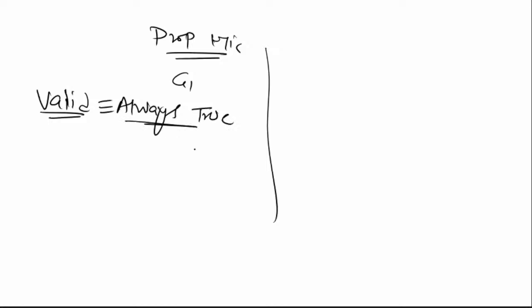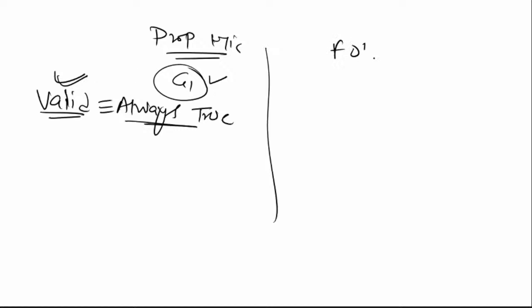If your formula G1 is true for every row in your truth table, then we will say that this G1 is valid.